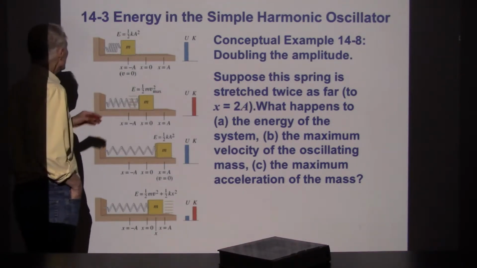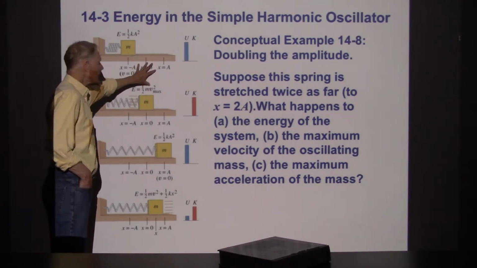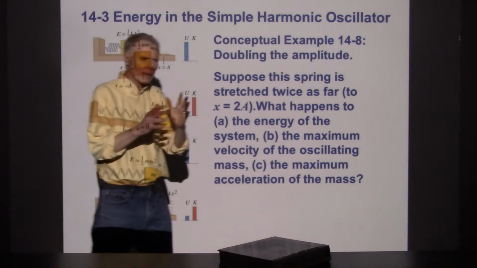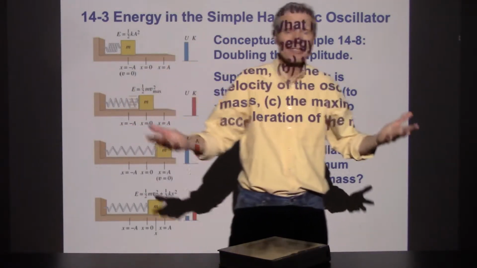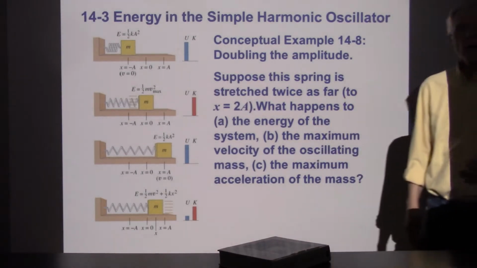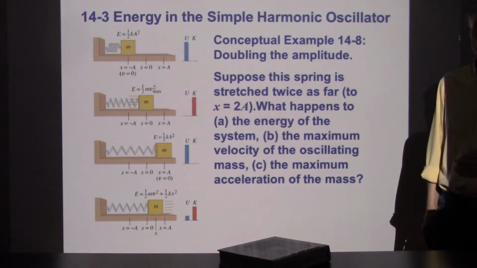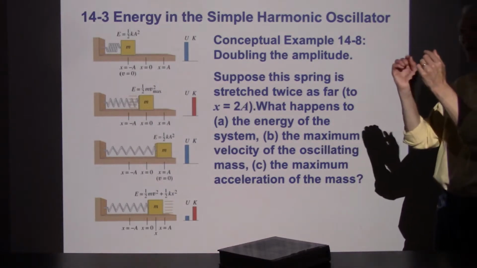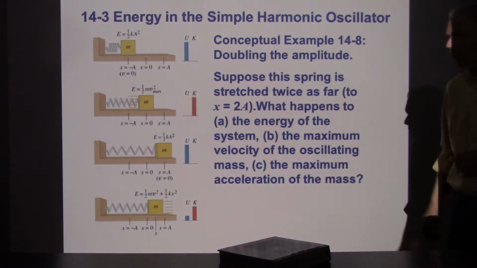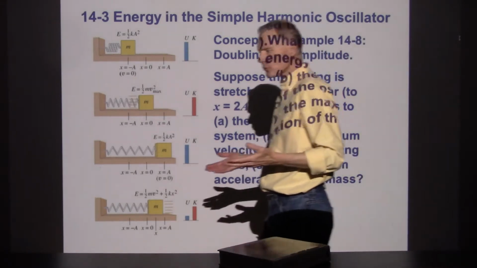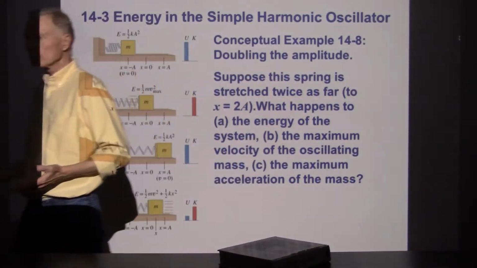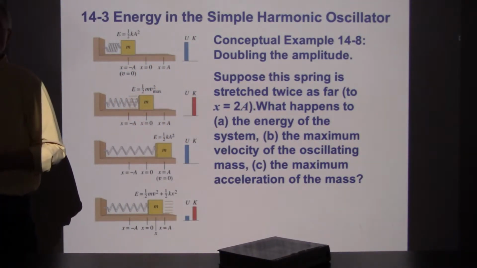And so if I change the amplitude, if I have a small amplitude, twice the amplitude, or 10 times the amplitude, the frequency doesn't change. That doesn't affect the frequency. How can this oscillating system travel twice as far, 10 times as far in the same amount of time?